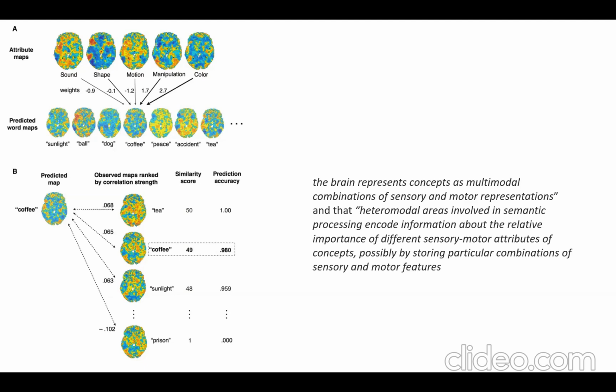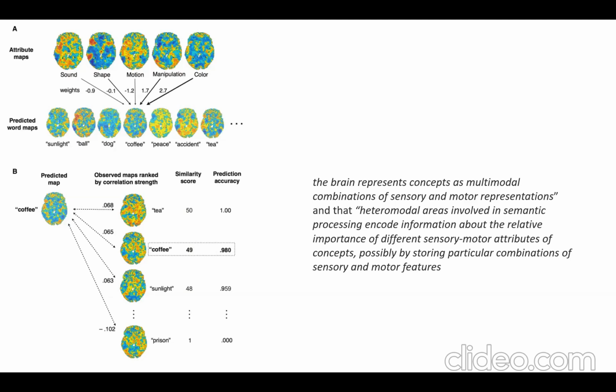And they could do that in areas that are often associated with amodal semantic representation. So their argument was that, well, if these regions are supposed to be amodal, then why can we predict them with features based on sensory attributes such as sound, smell, and shape, and motion?